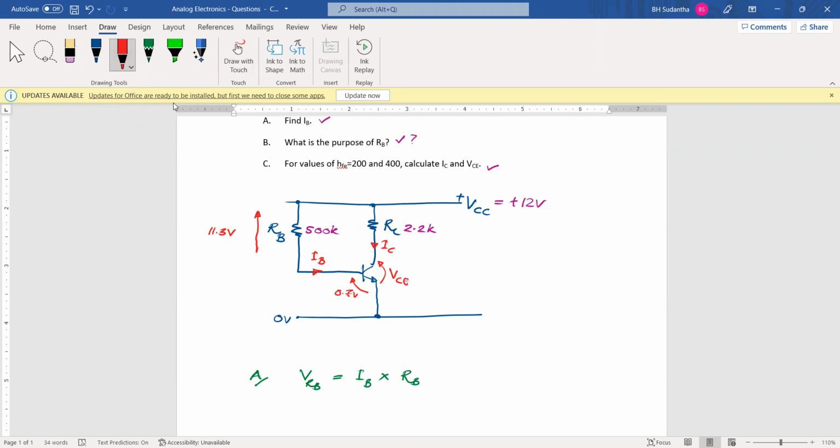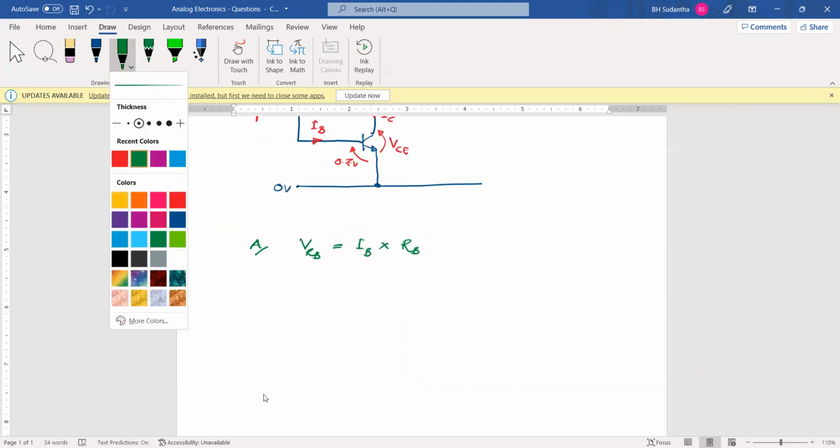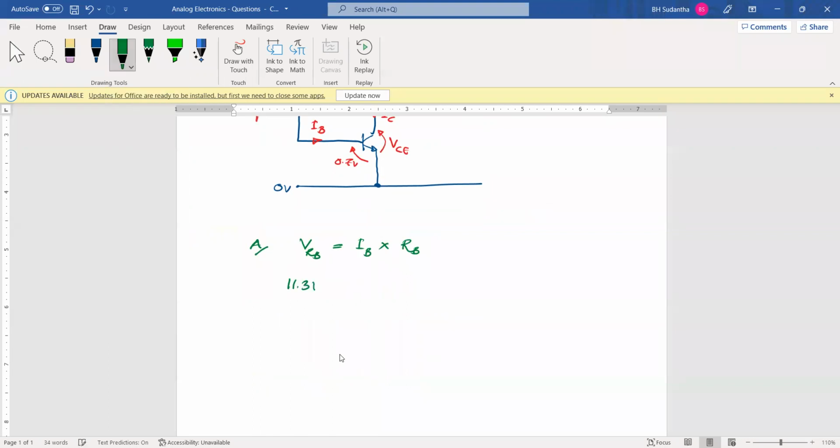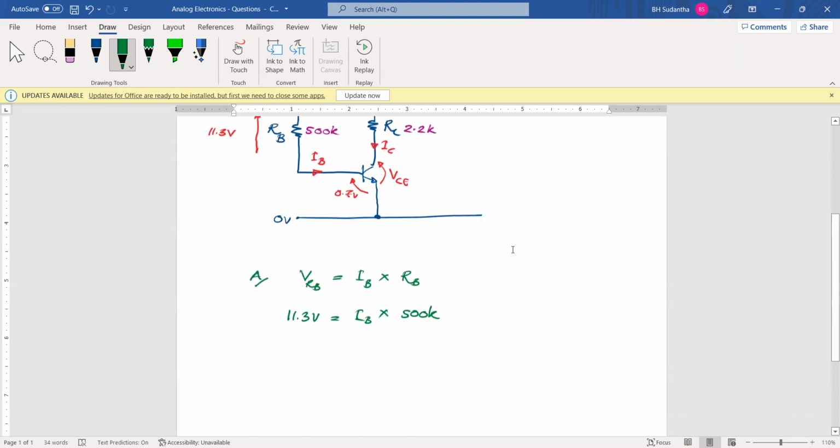VCE. Okay. First of all, shall we try to find IB? Then here IB. RB 11.3 volts. IB we don't know. RB is 500K. Yes, 500K.